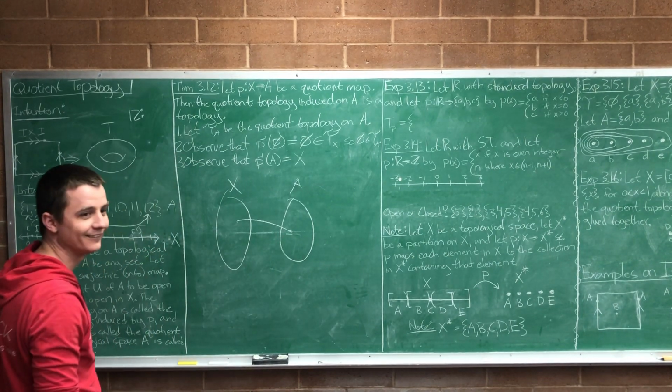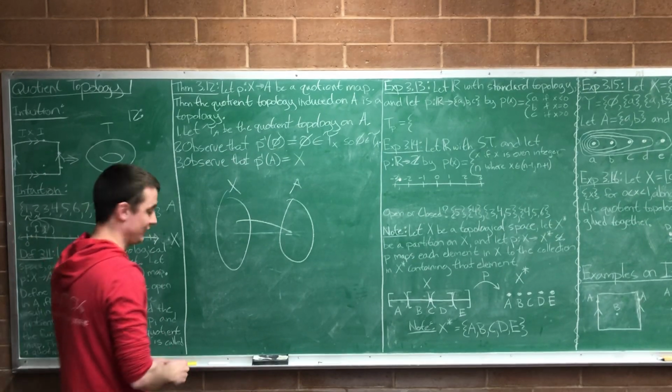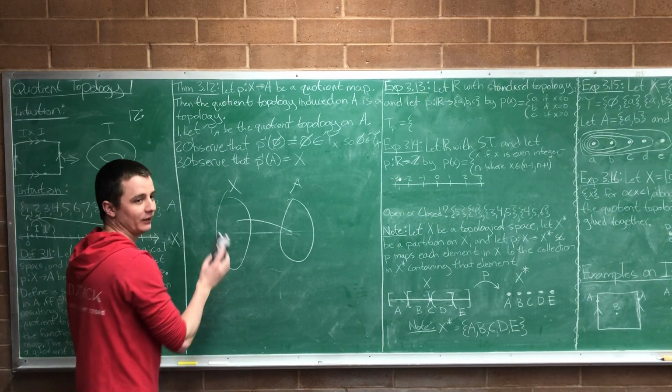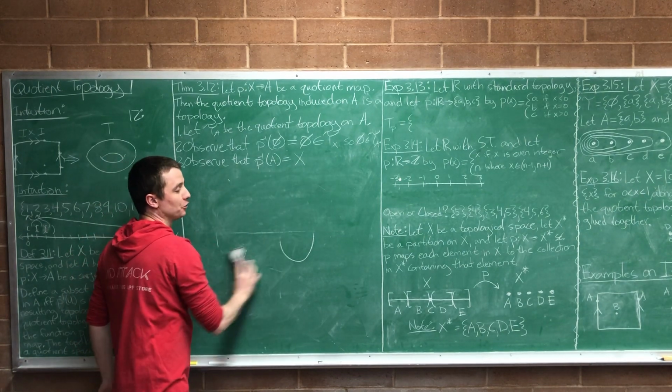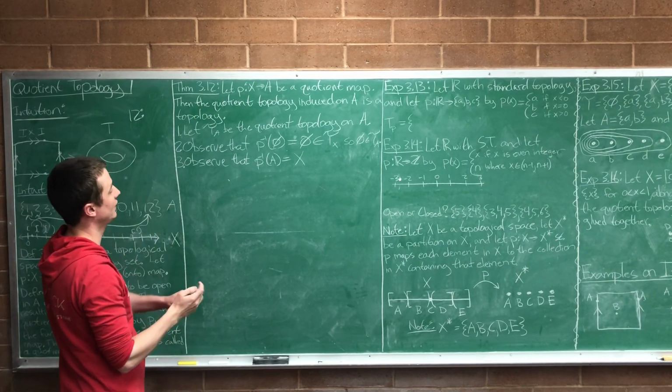Because all of X goes to A. There is actually nothing wrong with thinking about it that way. All of X goes to something in A, right? So you're exactly right.